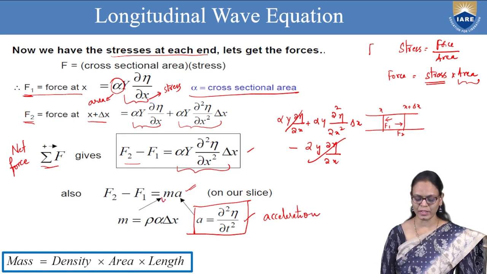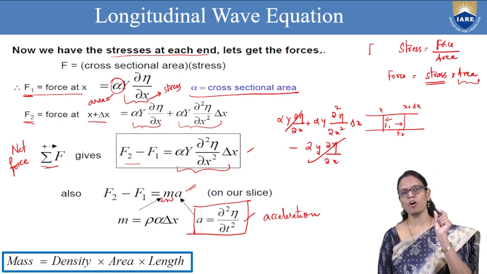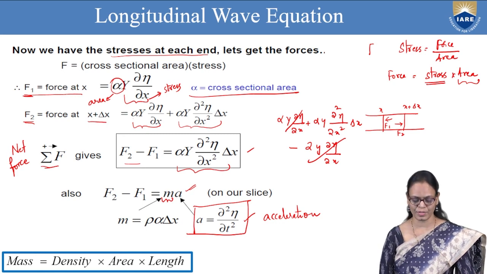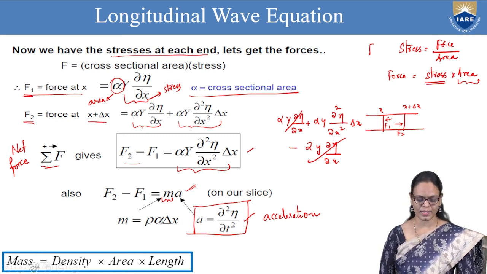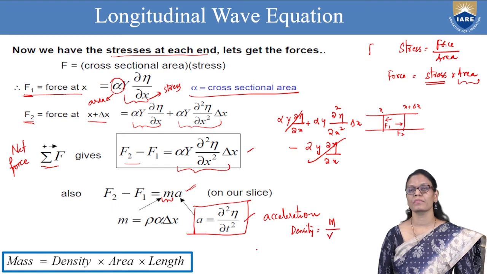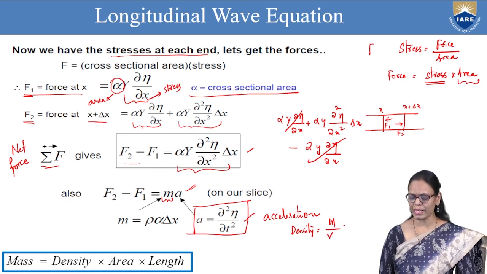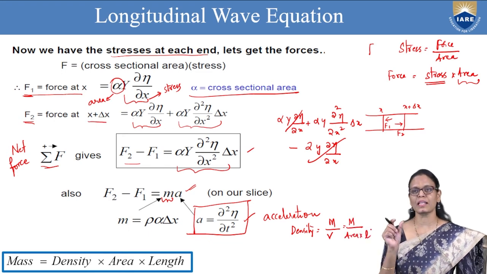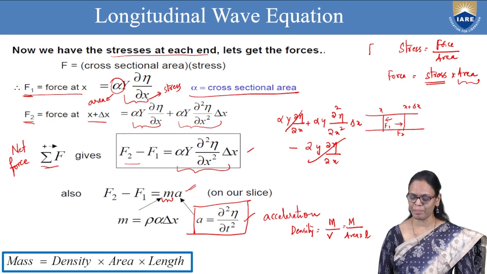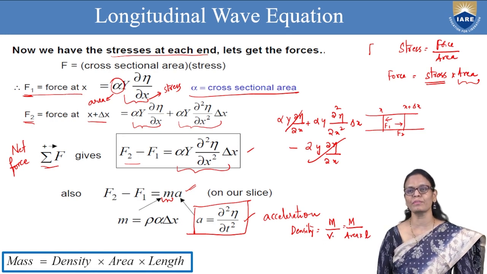And how do we get the mass? The mass of the element that we are considering. We know density is equal to mass by volume, and volume is given by area into length. The area of the slice that we are considering multiplied by the length gives the volume of that slice.